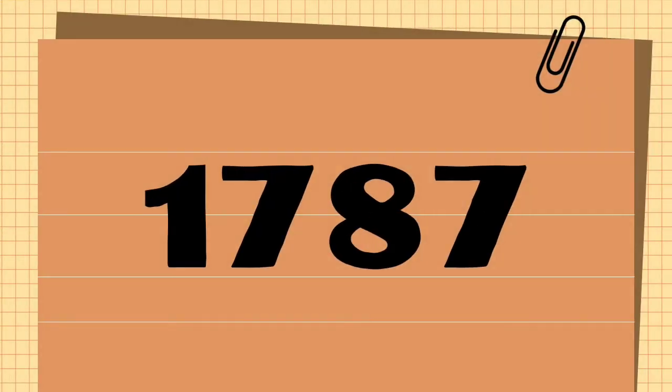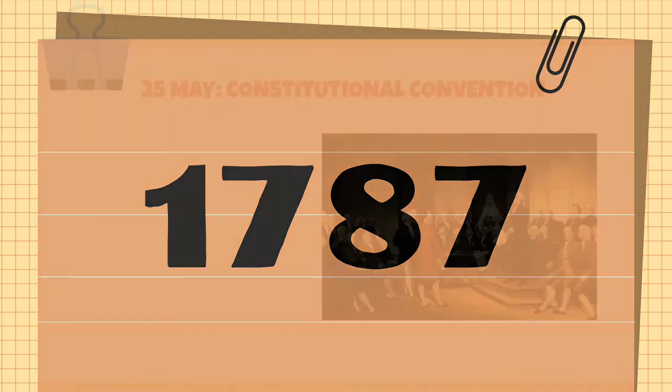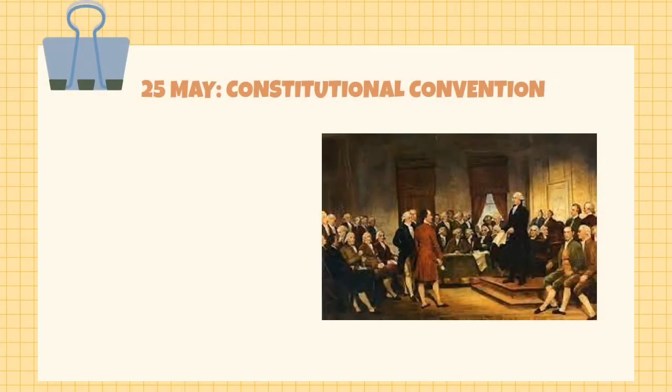And lastly, 1787. On May 25, Constitutional Convention. A convention of delegates from all the states except Rhode Island met in Philadelphia, Pennsylvania in May of 1787.